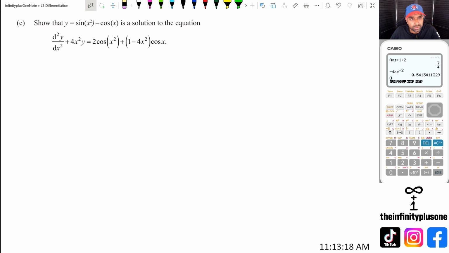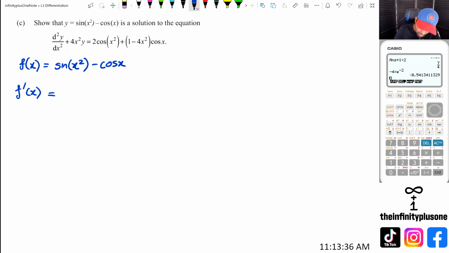There's no way to do this without, it's an annoying product rule question, but that's fine. So we've got f of x equals sine of x squared minus cos x. When we differentiate it, we're going to get f dash of x. Sine changes to cos x squared multiplied by the differentiation of the bracket, which happens to be 2x, and then minus cos x changes to plus sine x.